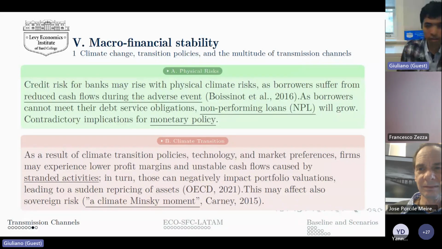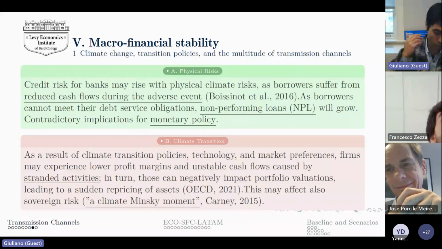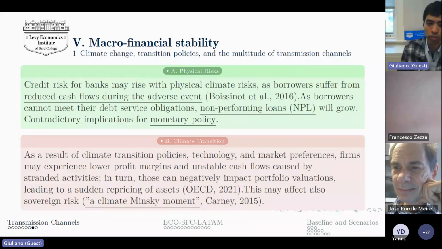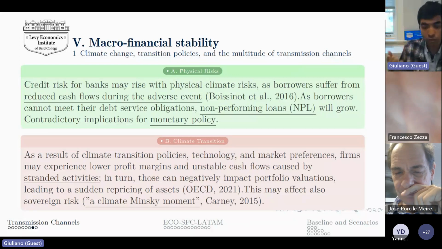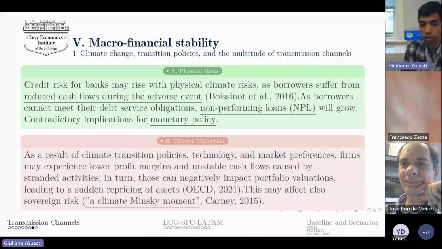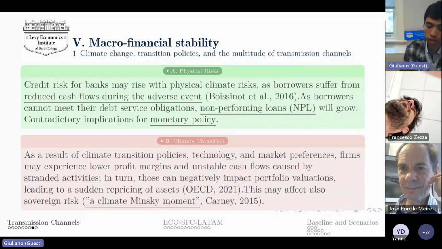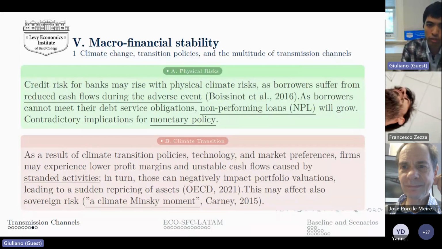And finally, from the climate transition side, the effect of those policies may lead to stranded activities, again reducing cash flow, increasing financial risk and non-performing loans in the brown sector, leading to what Mark Carney defined some time ago as a climate Minsky moment.